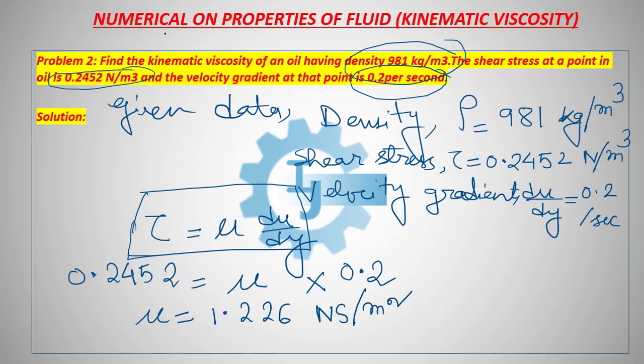Here the value of tau is given, that is shear stress 0.2452. We don't know the value of mu. We have to find the value of mu, that is dynamic viscosity, and du by dy is given as 0.2. From this relation we find that the value of mu is 1.226 Newton second per meter square.